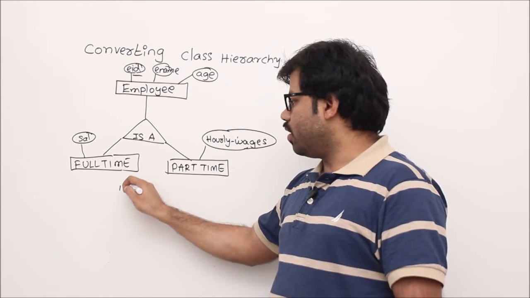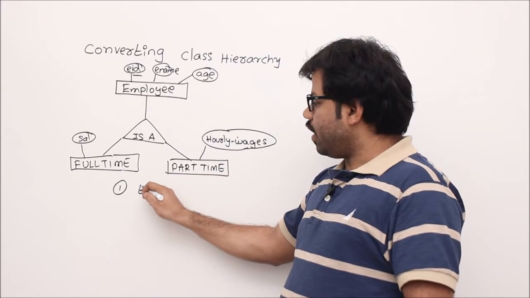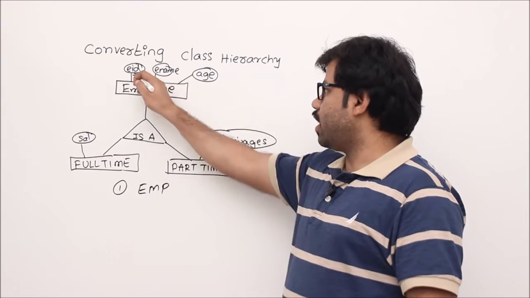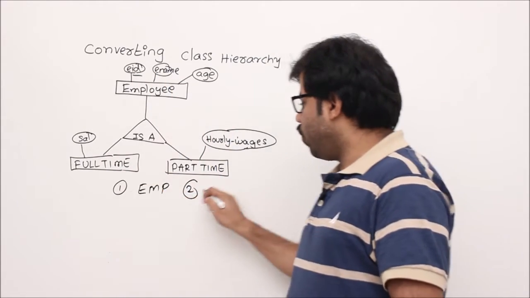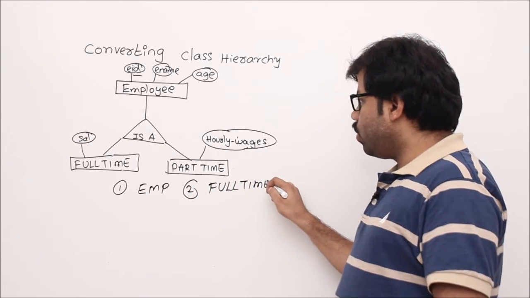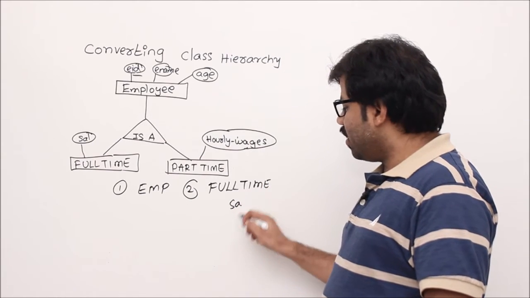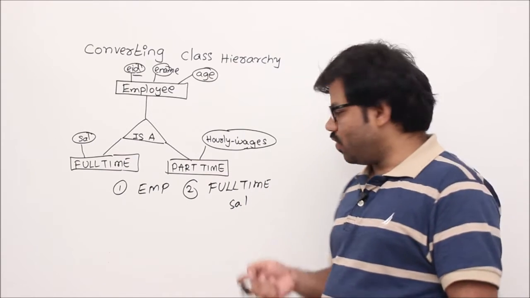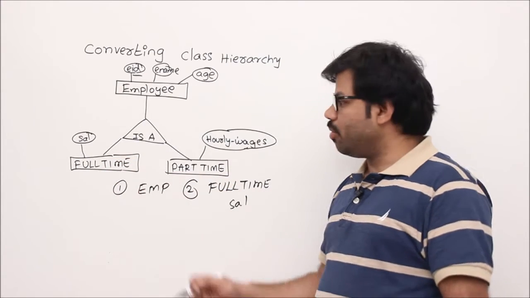Method number one: create a table for employee separately and only write these attributes, employee ID, employee name, age. Second, create a full-time employees table, and here you implement salary. But is just the salary field sufficient? No, somehow there are other attributes also to be maintained, correct?